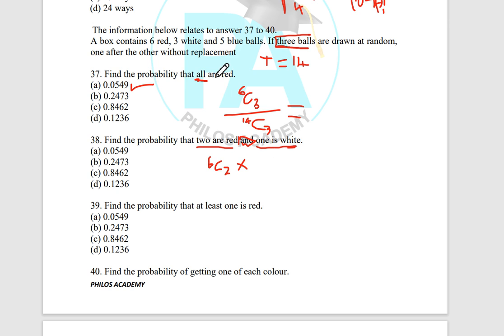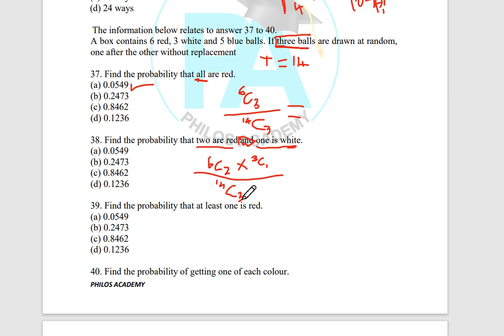How many whites do you have? You have 3 white balls, so 3 combination 1. All divided by the total, that's 14 combination 3. You are selecting 3 balls. Make sure this and this are the same: 2 plus 1 is 3.